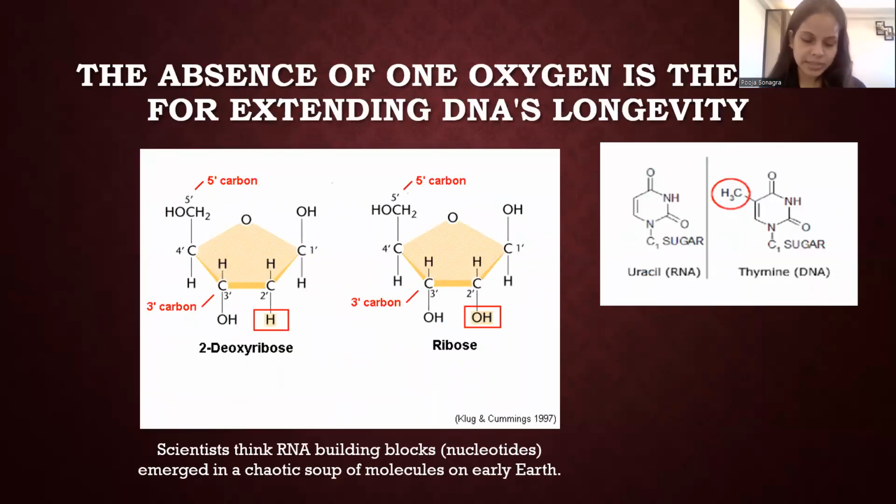Now, when we look into this DNA and RNA, when we look into the name that has been given to DNA, that is deoxyribonucleic acid, we need to understand why it is named so. So when I call it deoxyribose, what does it mean? We know that the sugar that is present in DNA is a pentose sugar, a ribose sugar.